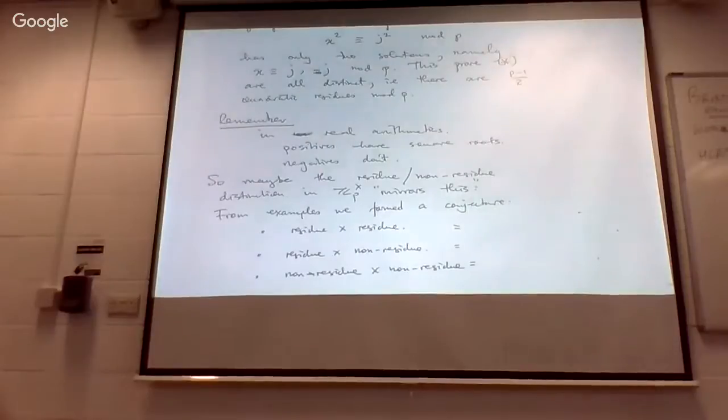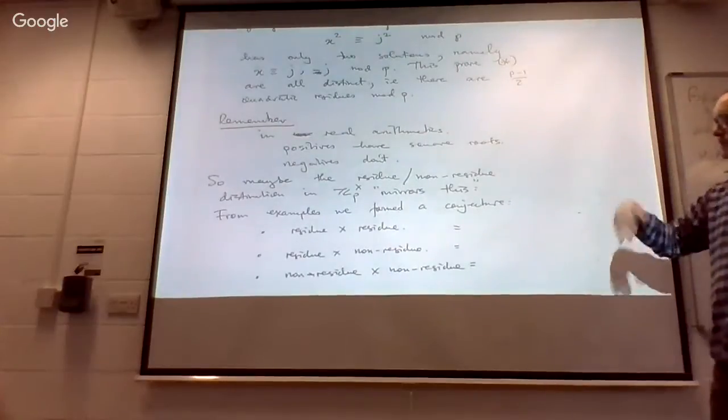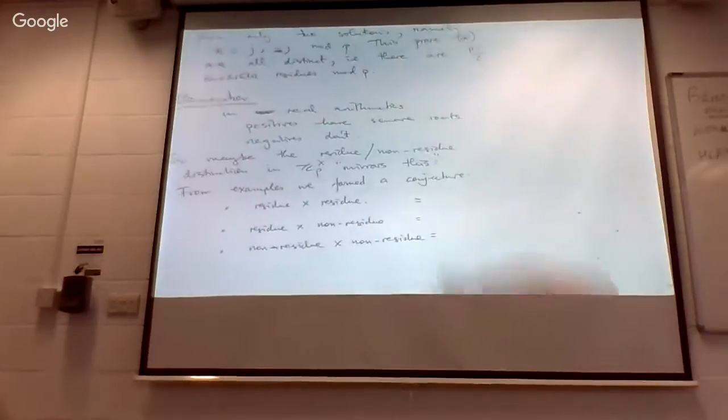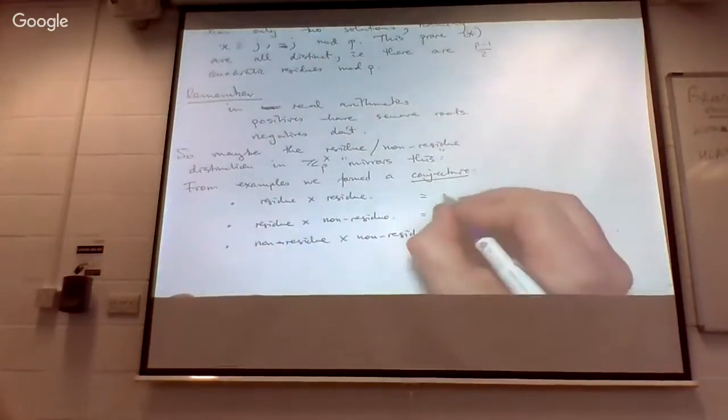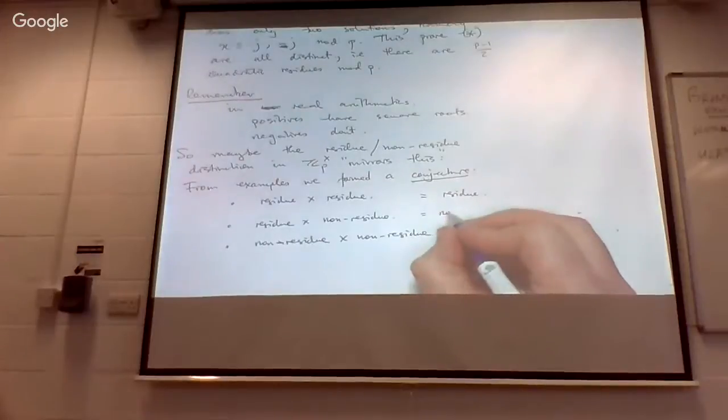Well, if it's going to mirror the positive and negative behavior, having a square root, not having a square root. Residues have square roots. If you multiply two residues, what we saw in the examples and what we conjecture is going to be true in general is that you get a residue. When you multiply one of each, a positive real number and a negative real number, you get a negative real.